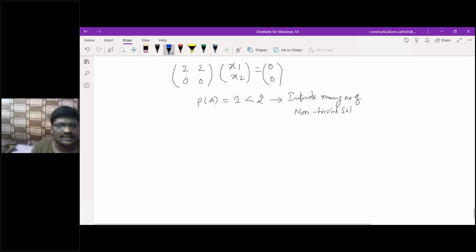So for that, I need to take an arbitrary constant. Here I have only one constant, so let x2 be some k. I am taking an arbitrary constant. Am I correct?